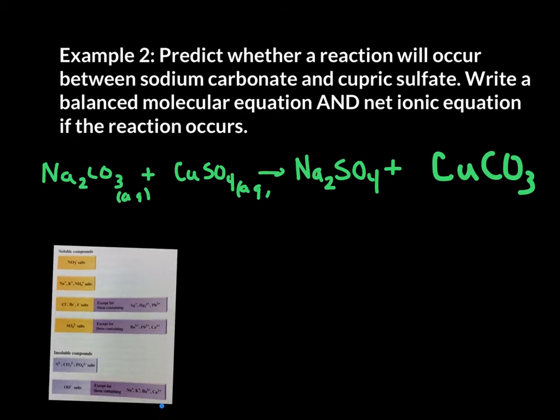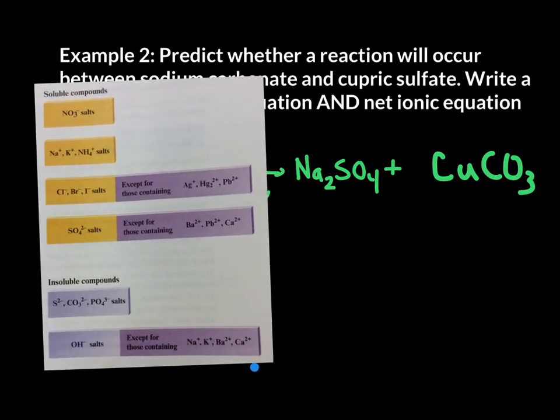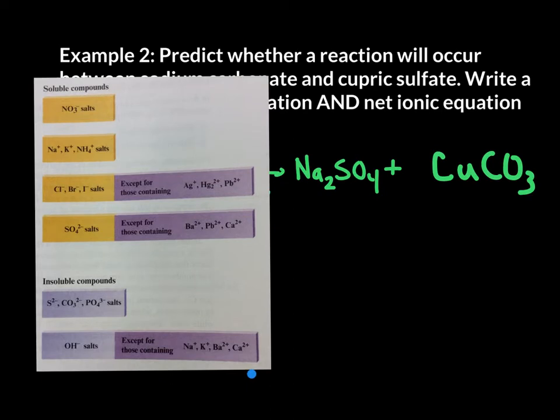So we have to go to our solubility chart, okay? If you recall, all sodium salts are soluble, okay? So that looks kind of like the sodium sulfate is going to be soluble, okay? And all carbonate salts are insoluble. So that tells us that this cupric carbonate is probably going to be the precipitate.